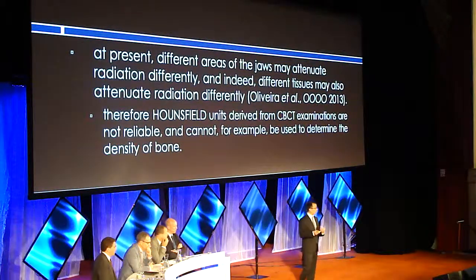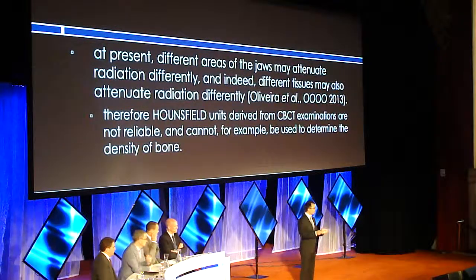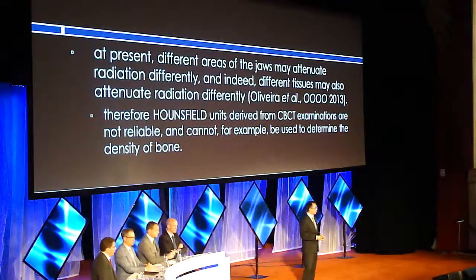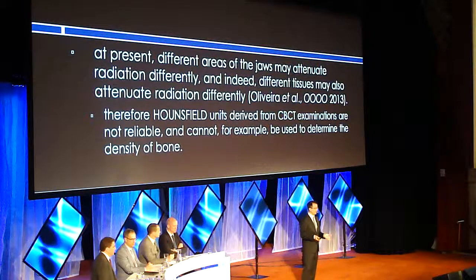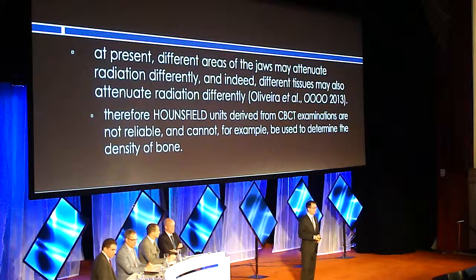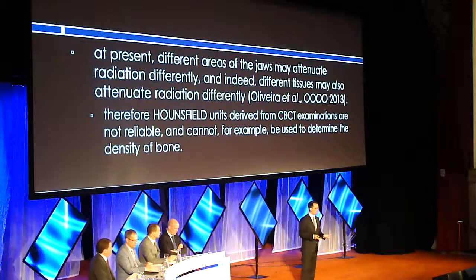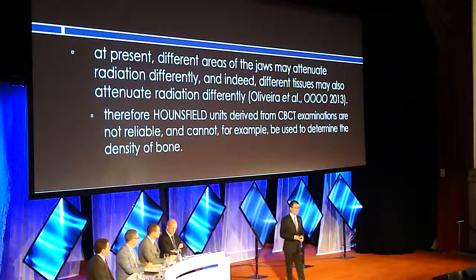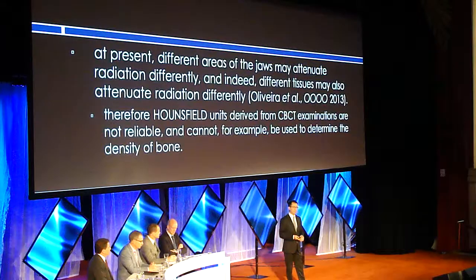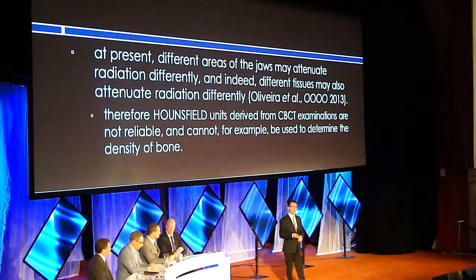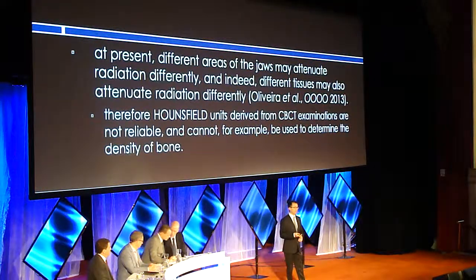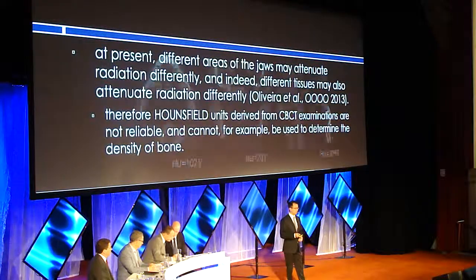And these numbers actually vary depending on the machine that you choose to use and the technical variables that you choose when you do the acquisition. So at this time, we cannot reliably determine Hounsfield units from cone beam CT scans, and as a result, we cannot reliably determine bone density.